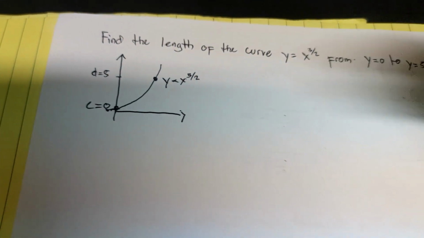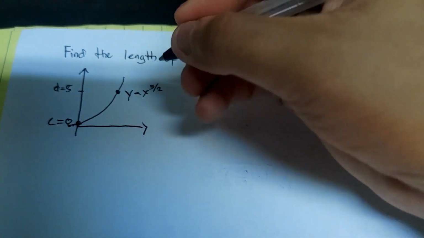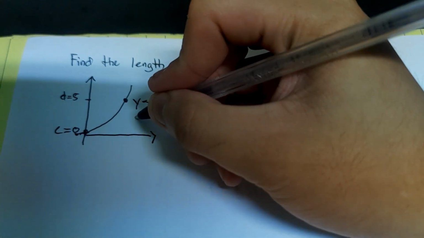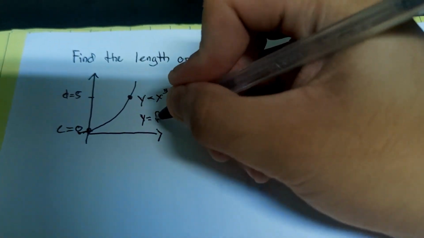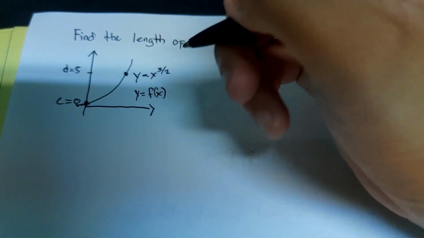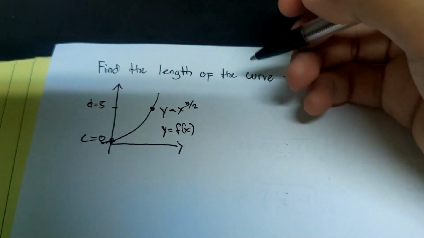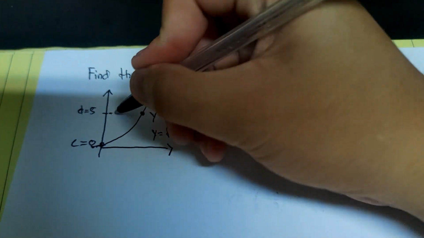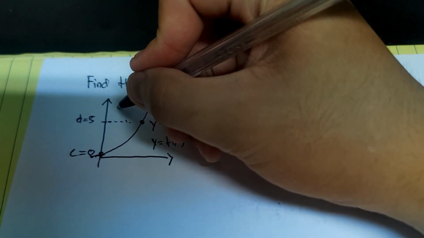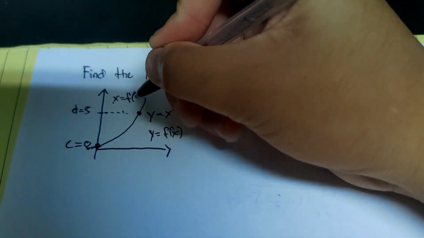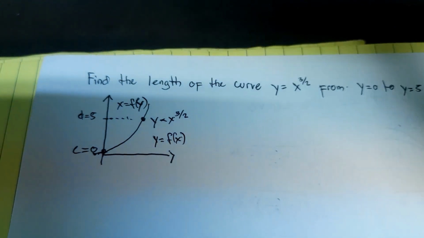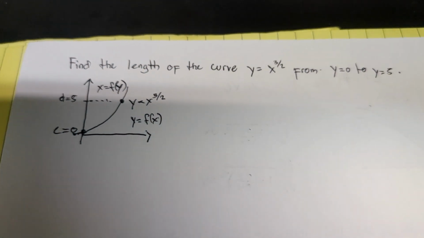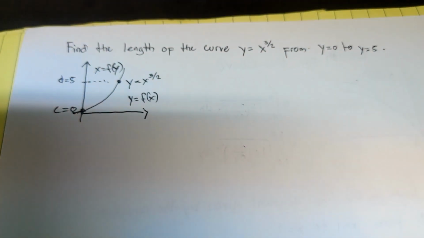In the previous problem, we used the y equals f of x equation, but in this problem, we're finding it for the interval on the y-axis. So what we're using is x equals f of y. This is what we'll be using to find the length of the curve.